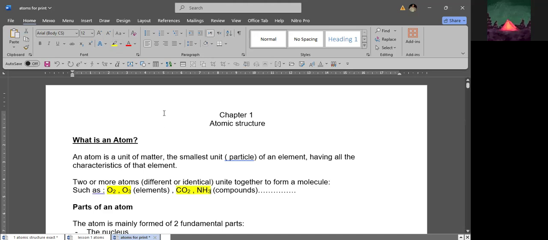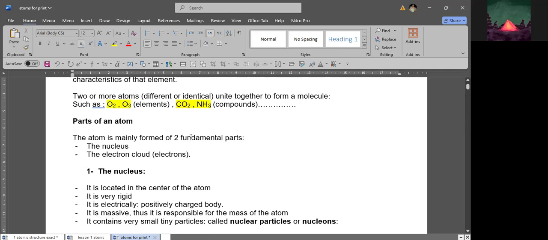First of all, we have to introduce you to the parts of the atom. An atom is formed of two main parts, the nucleus and then the electron cloud.